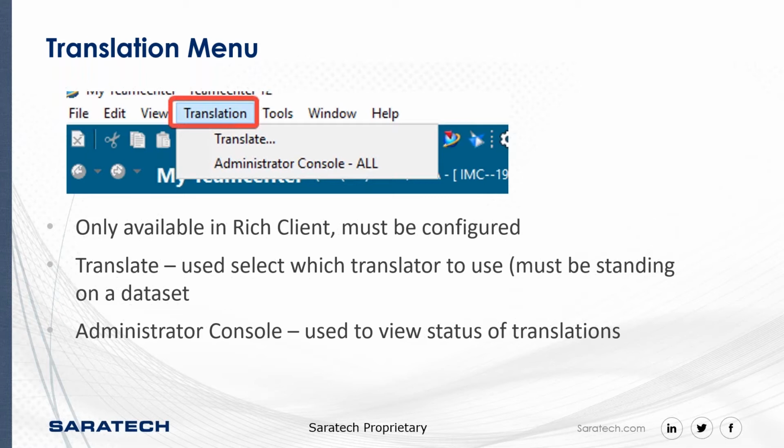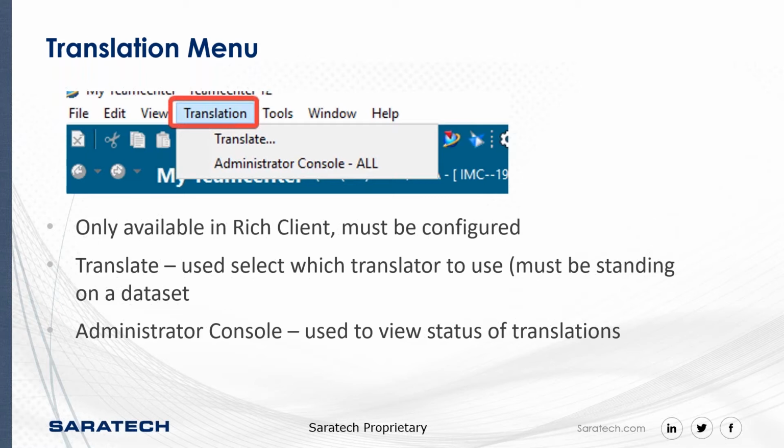However, we can select Translate to initiate a translation, though again, we must be standing on, have selected or highlighted our warranted data set, not the item and not the item revision. So just remember that. And we can also view the status and progress of our translations within the administrator console.